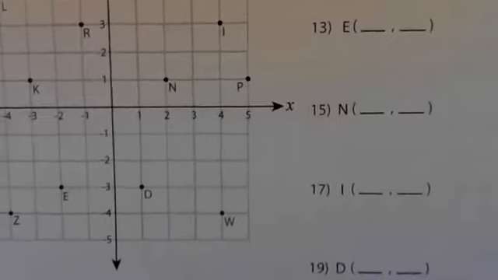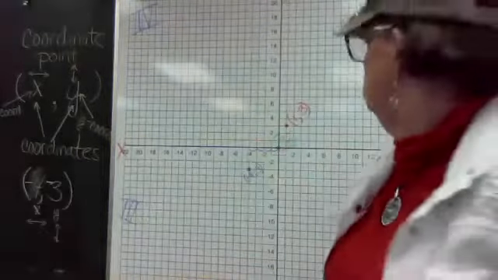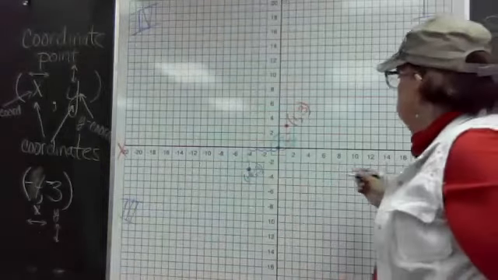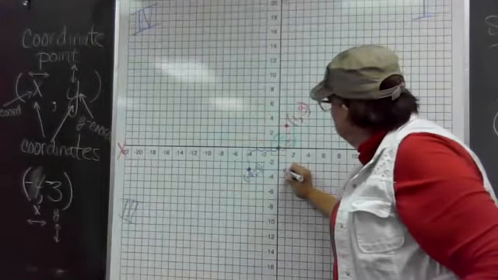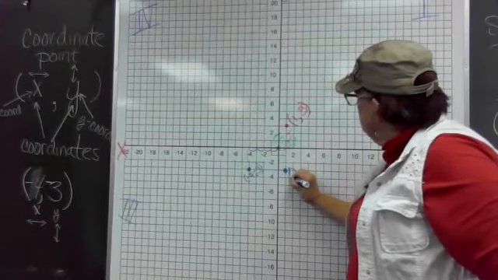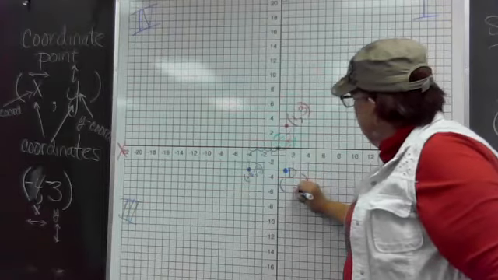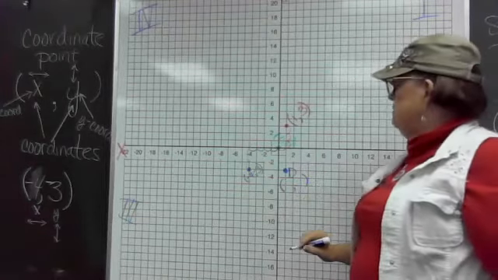I'm going to put it on our big coordinate graph. It's right here. This is point D from your worksheet. So tell me how to label that, or what is the address?